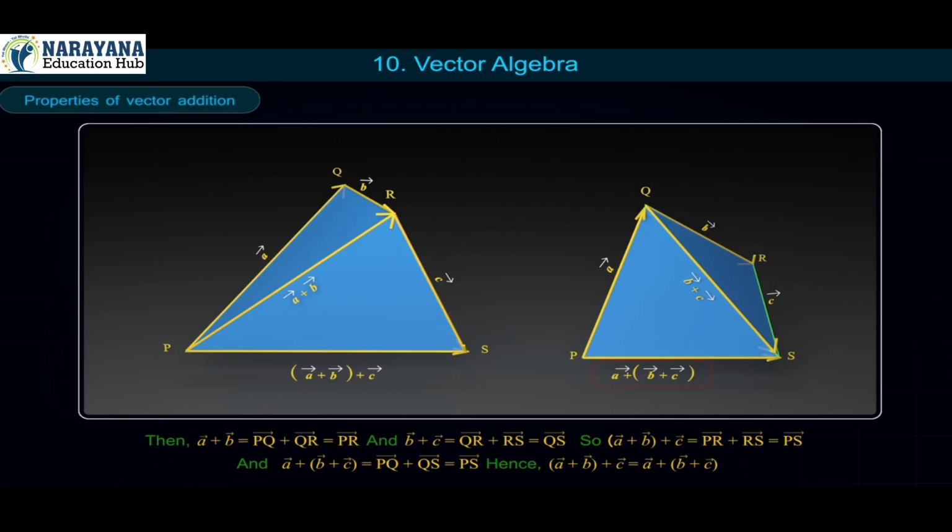And a + (b + c) equals vector PQ plus vector QS equals vector PS. Hence, (a + b) + c = a + (b + c).